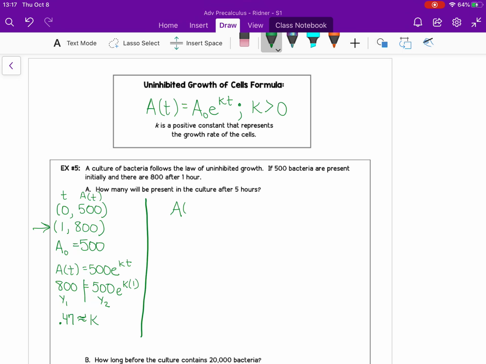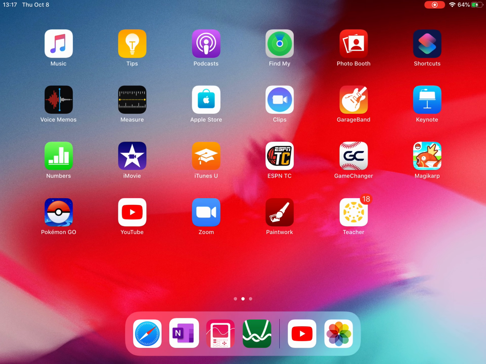The function that we use now looks like this. Okay, we got the 0.47 from here, and then the 500 was the initial value. We want to know what it's going to look like after 5 hours. So we can sub in 5 and do the math, right?